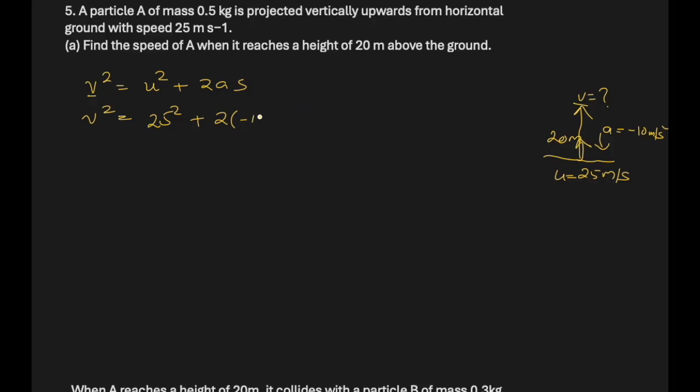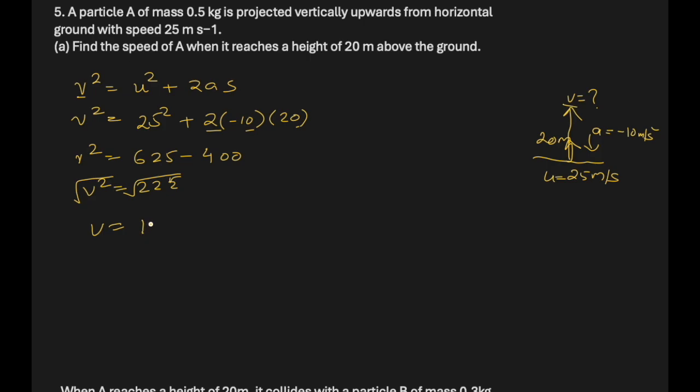So minus 10, opposite direction. And distance given is 20. So V squared equals 625 minus 2 times 10 times 20, which is 400. V squared equals 225. V is 15 meters per second.